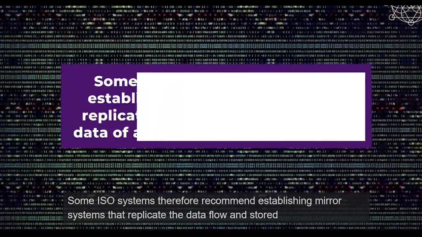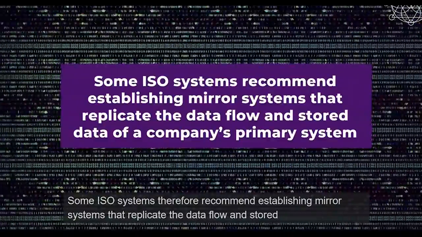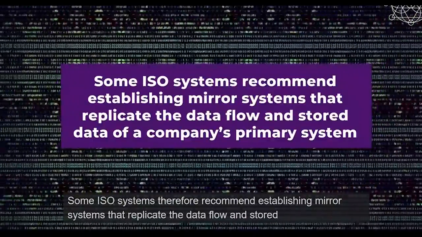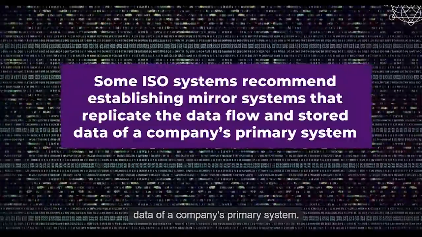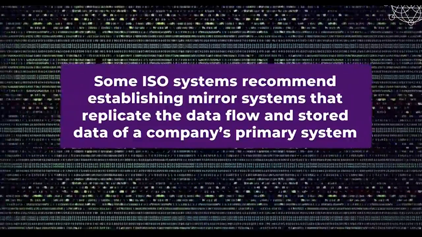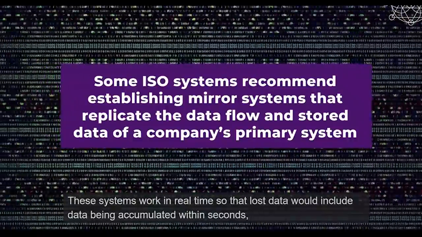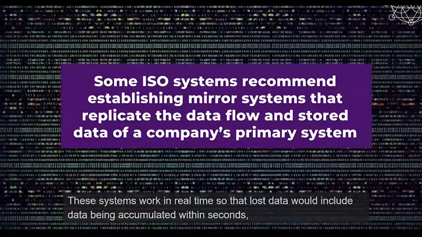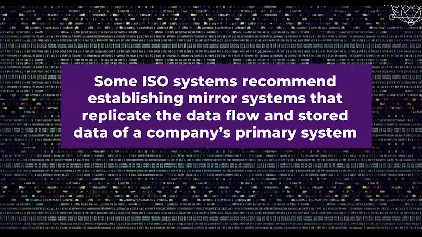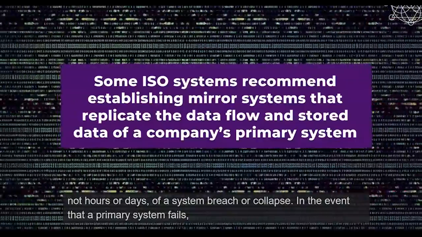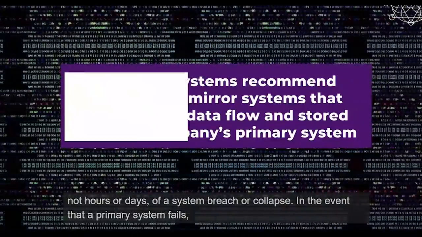Some ISO systems therefore recommend establishing mirror systems that replicate the data flow and stored data of a company's primary system. These systems work in real time so that lost data would include data being accumulated within seconds, not hours or days, of a system breach or collapse.